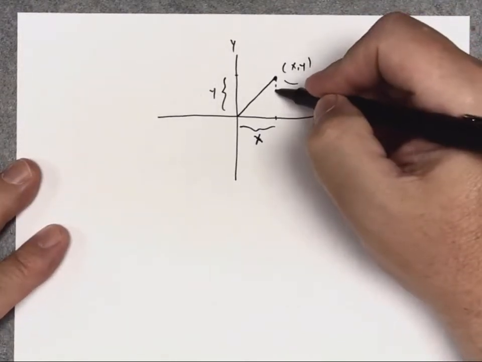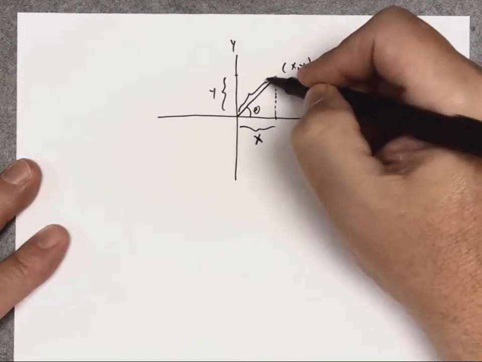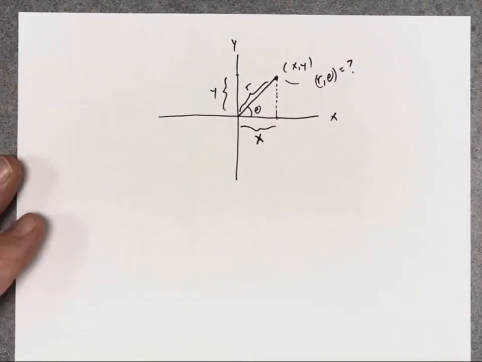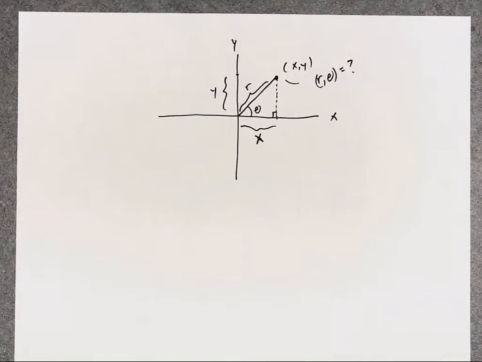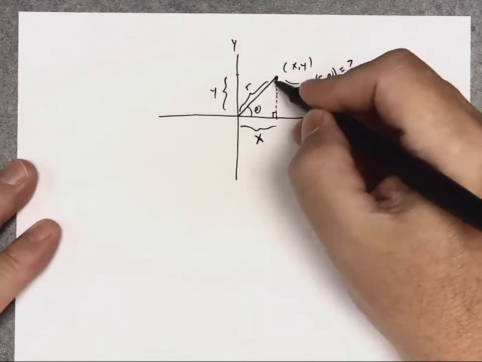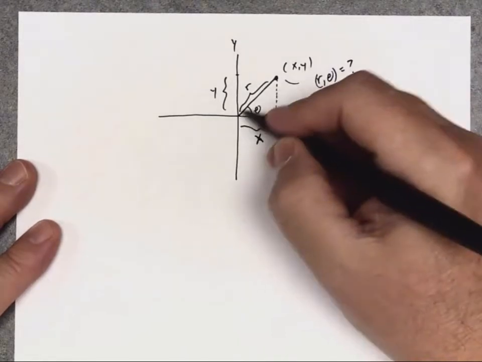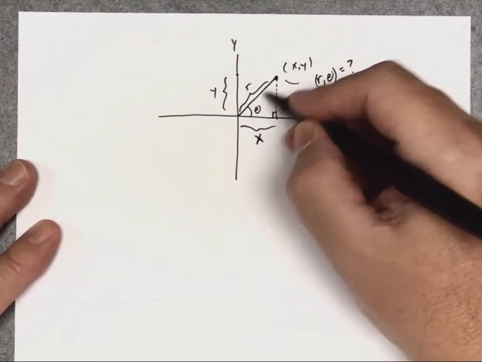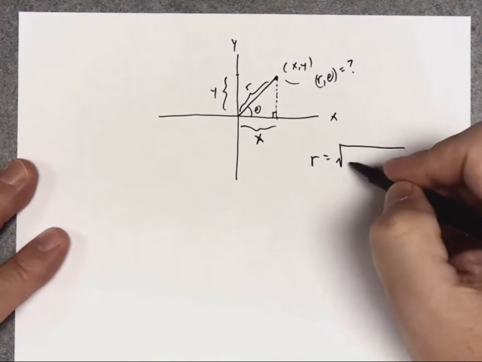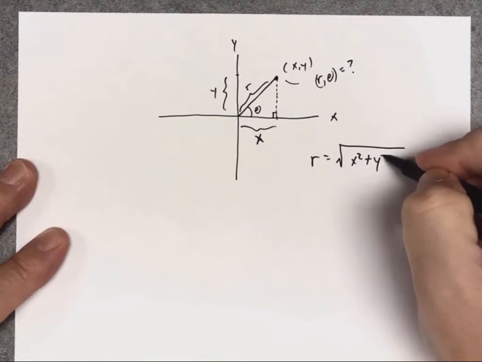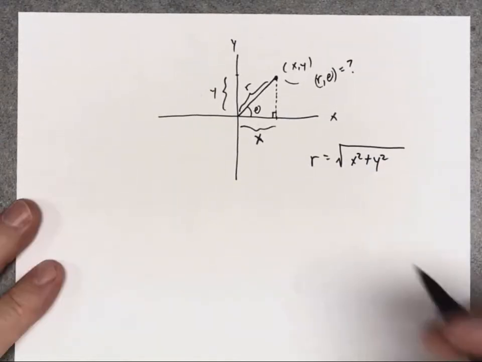Well, if you think about it, here's my theta, there's my distance r. Just like we've done so many times, if we create a right triangle, the r, the distance or the length of my polar coordinate, is just the hypotenuse of this triangle. That's the same equation I just gave you a minute ago for vectors.